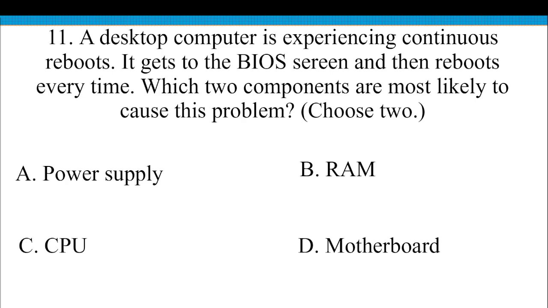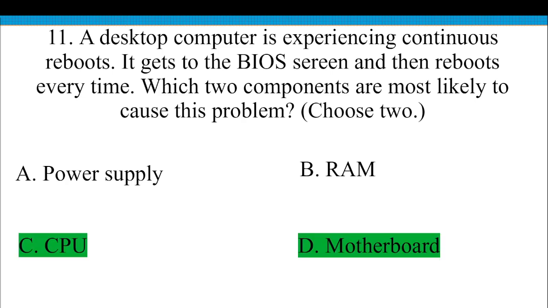Question number 11. A desktop computer is experiencing continuous reboots. It gets to the BIOS screen, another typo, and then reboots every time. Which 2 components are most likely to cause this problem? Choose 2. A. Power supply. B. RAM. C. CPU. D. Motherboard.